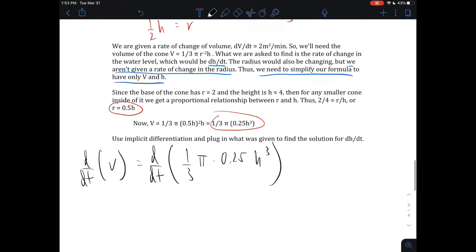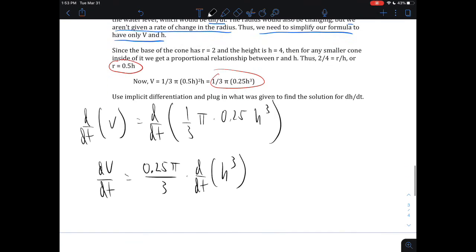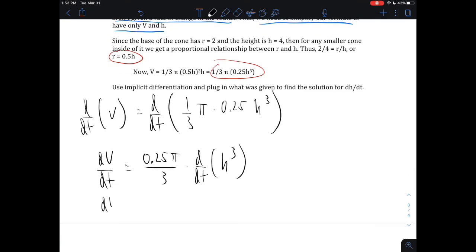So this means that I would have dV/dt equal to, simplifying the arrangement of these constants, 0.25 pi divided by 3, and then times the derivative with respect to t of h cubed, which means I can use the power rule. So dV/dt is equal to 0.25 pi over 3 times 3h squared, and then times dh/dt.